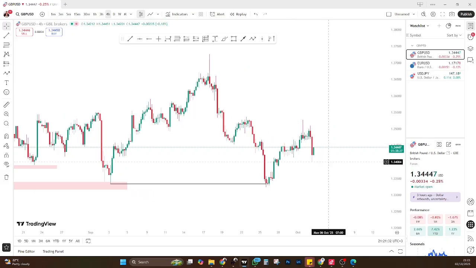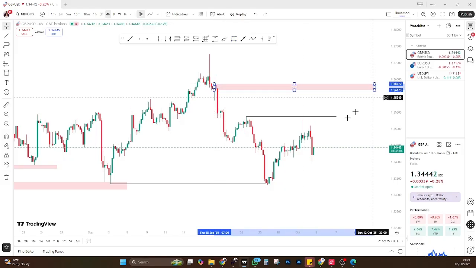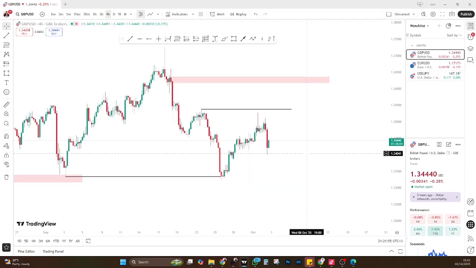So what we do right now, we know that this one, you see this, that is liquidity. So for me, what I'll be looking at is when the market gets here, I will sell.